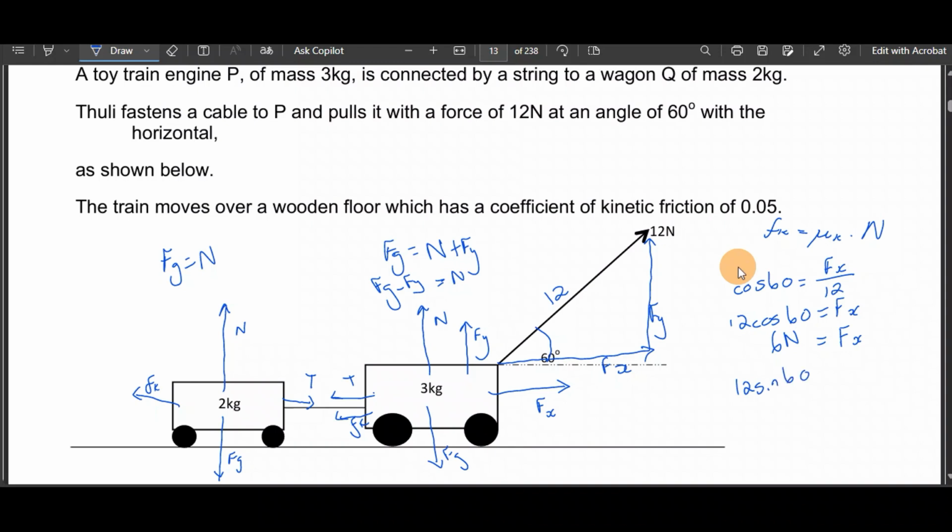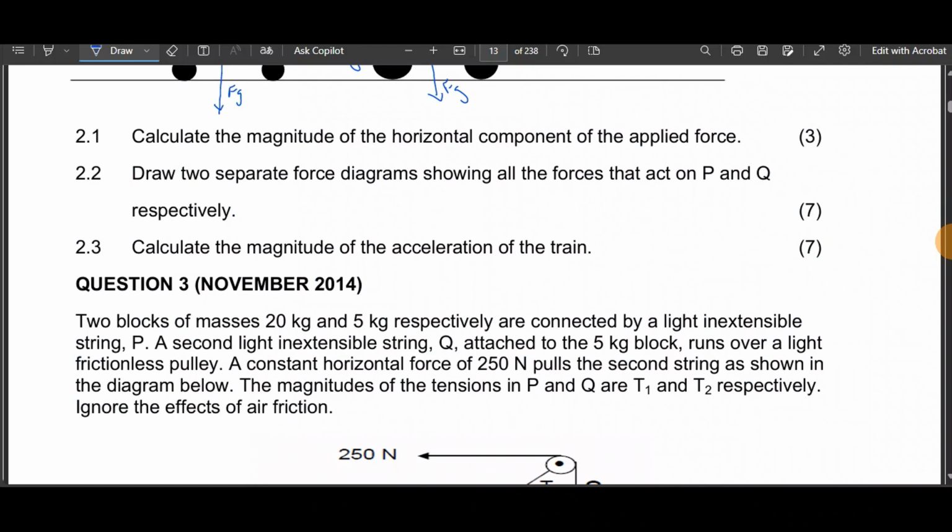Because it's opposite over hypotenuse, right? So 12 sine 60 is equal to Fy, meaning Fy is equal to 10.39 newtons.